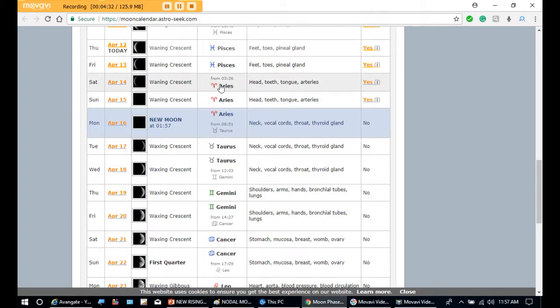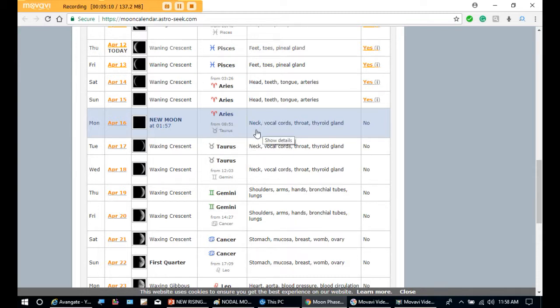A transit of the moon usually stays in a sign for 2.5 days. So you'll have, say, Saturday, April 14th, and it will go into Aries, and then the 15th, which is a Sunday, waning crescent, it'll still be in Aries. So here's the 2.5 days. Half a day on the 16th will be part of Aries, while it culminates into the beginning of the Taurian.